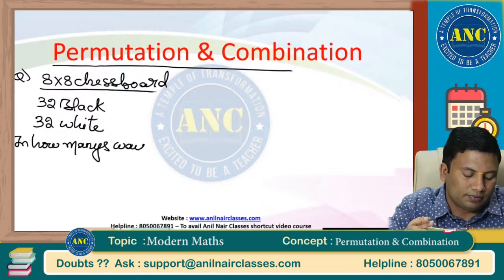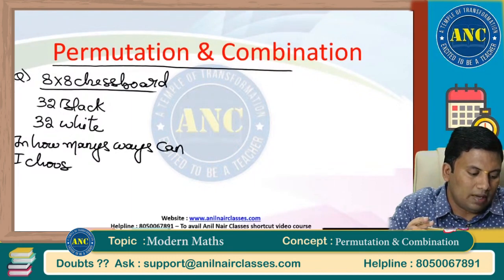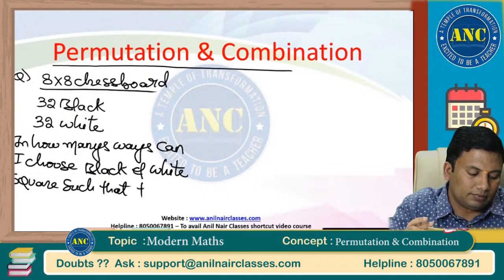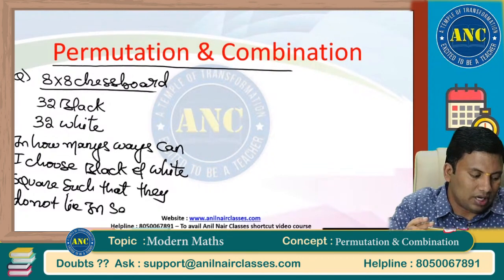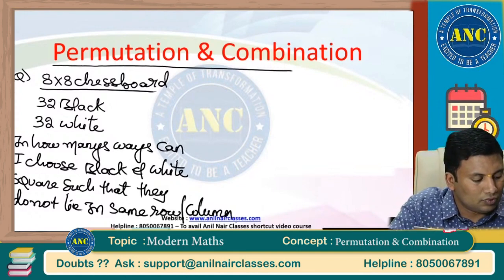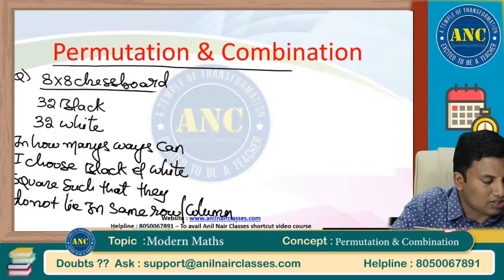In how many ways can I choose a black and a white square such that they do not lie in the same row or same column?